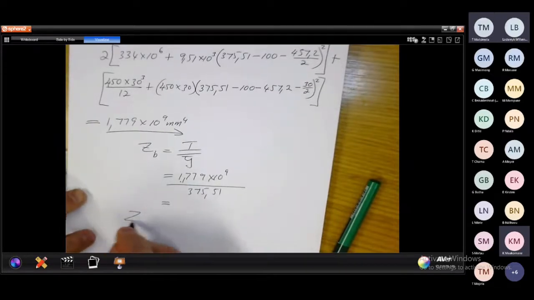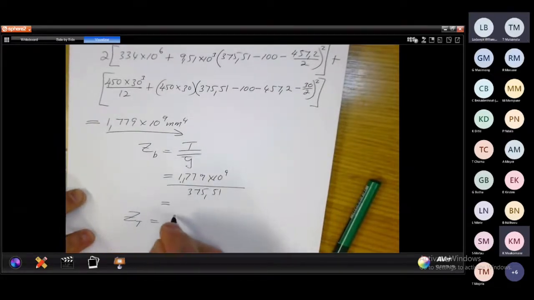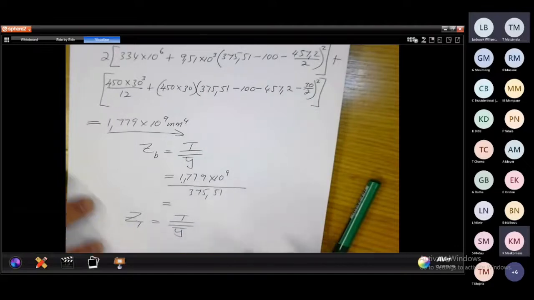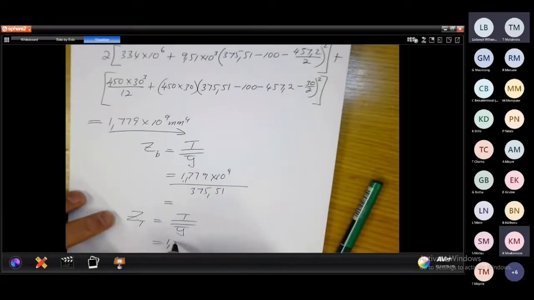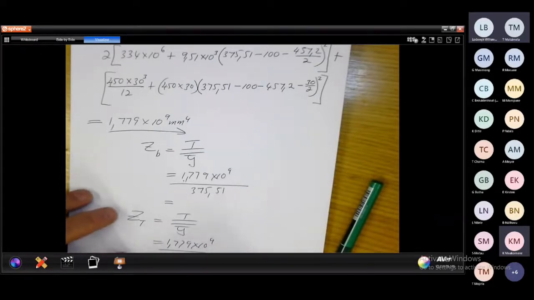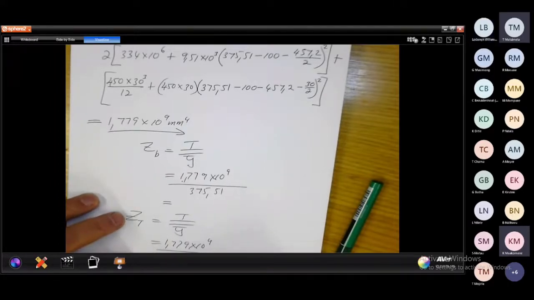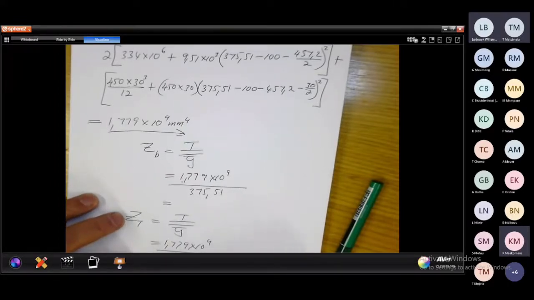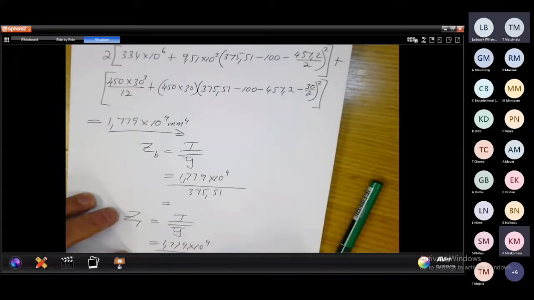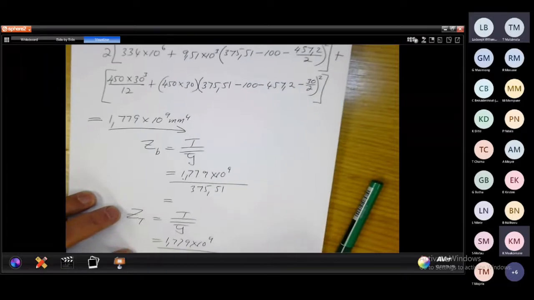Then from the top, it's again I over ȳ. It is 1.779 times 10 to the power 9. And then the total height will be 100 plus 457.2 plus 50 minus 375.51.